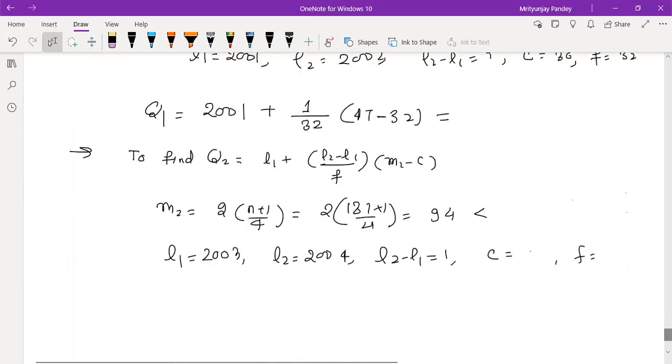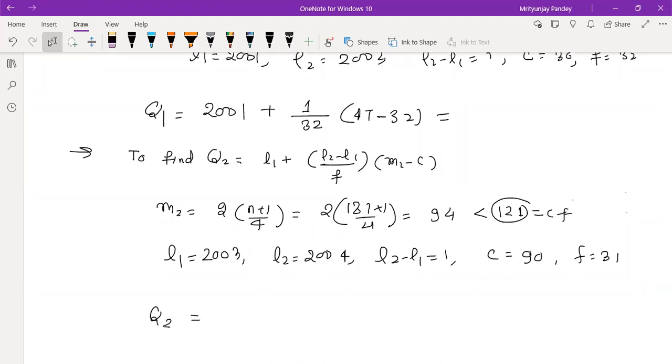So here 90 is C and this is 31 is F. Okay, so now substitute all values, then we will get Q2, that is 2003 plus 1 upon 31 into M2. M2 is 94 minus 90. Then we will get the final answer.